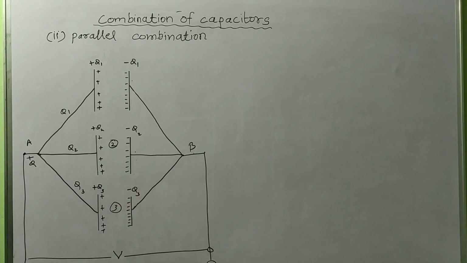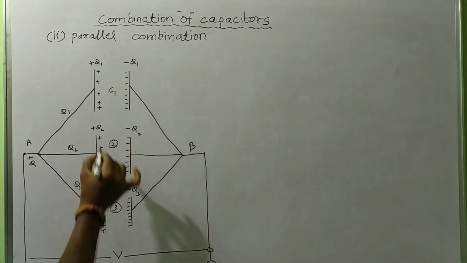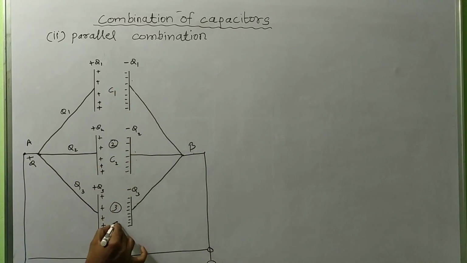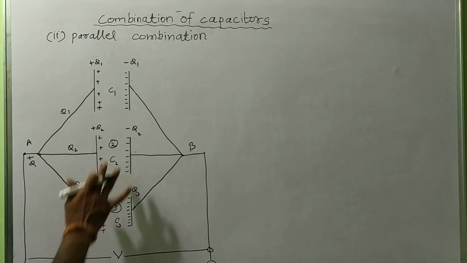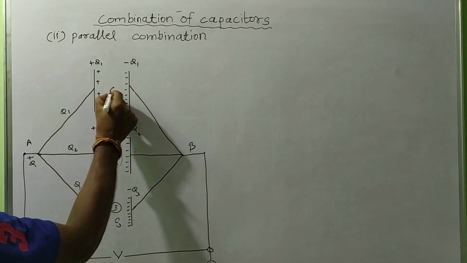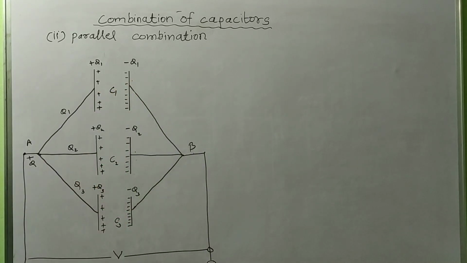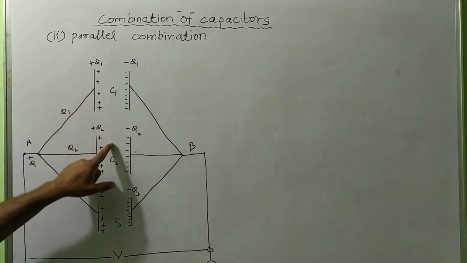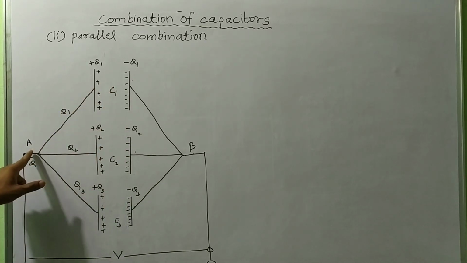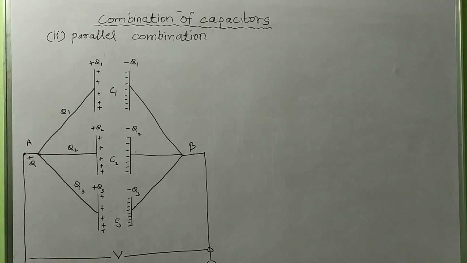Let the capacitance of the first capacitor be C1, the second C2, and the third capacitor C3. The distance of each capacitor from point A is equal, that's why the potential will be the same for each capacitor.